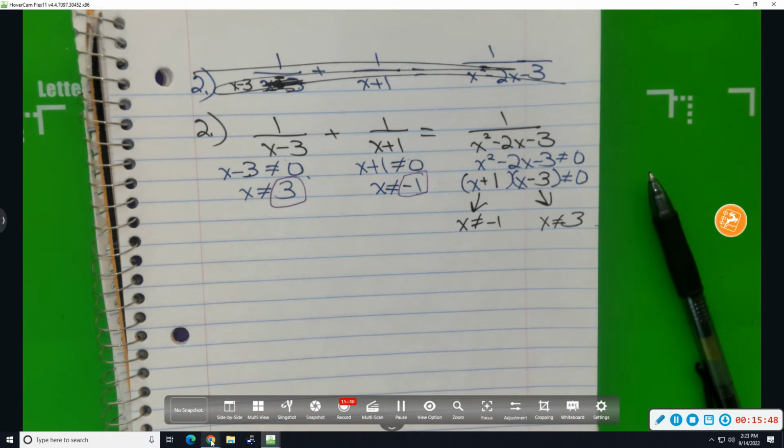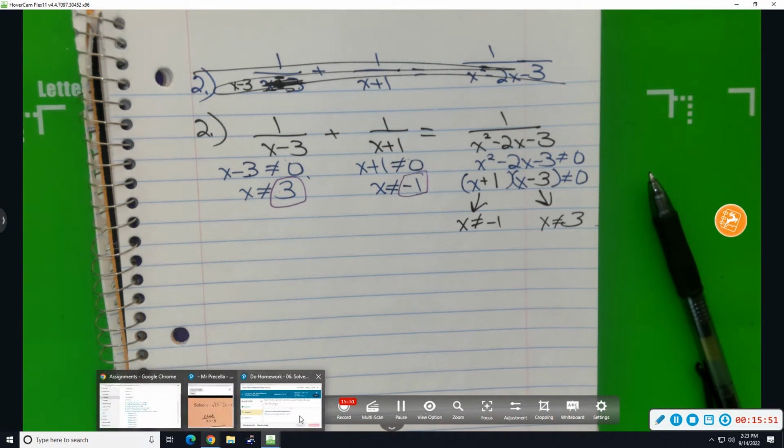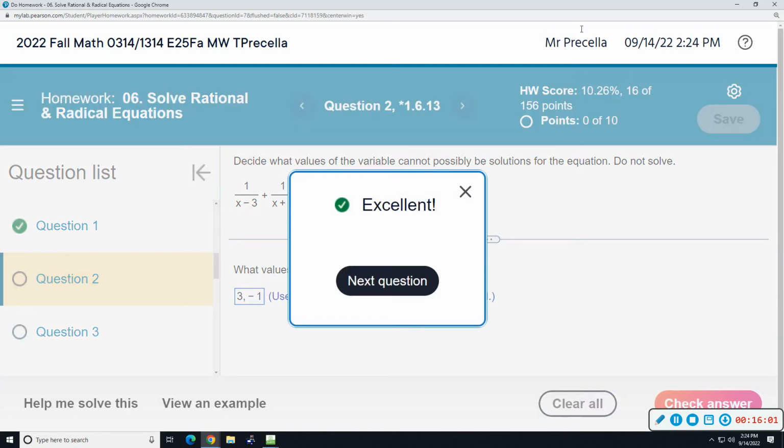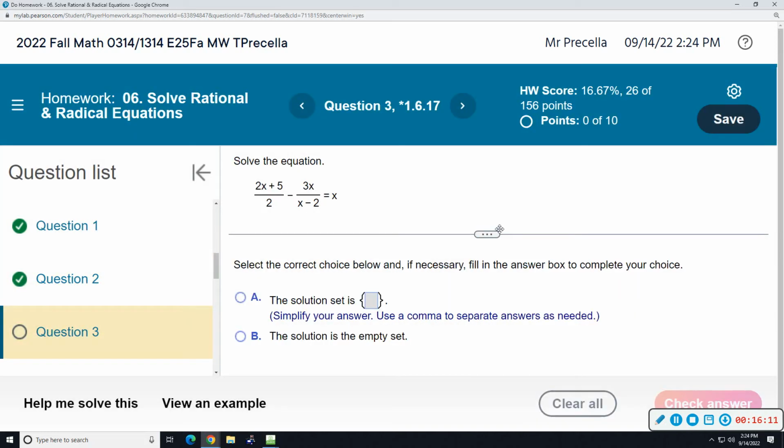So the only numbers x could not possibly be are 3 and negative 1. But at this point, we're going to have to start solving these things. The first two, they didn't tell you to solve them. Now we're going to start solving.